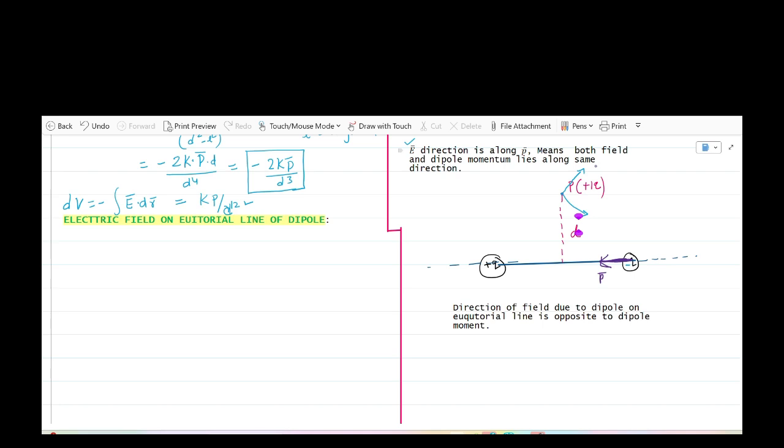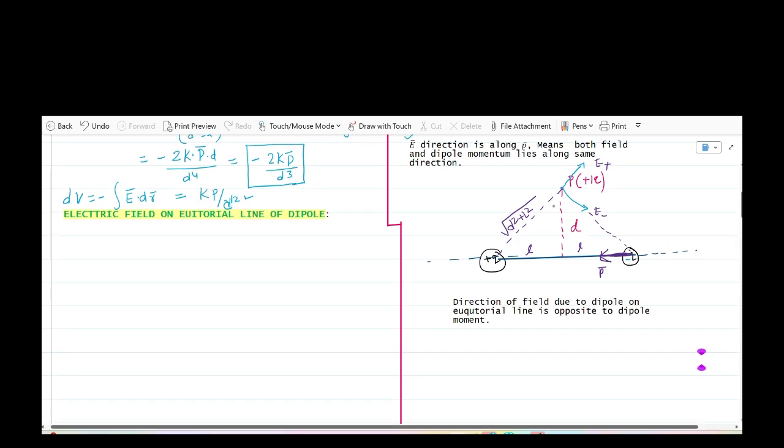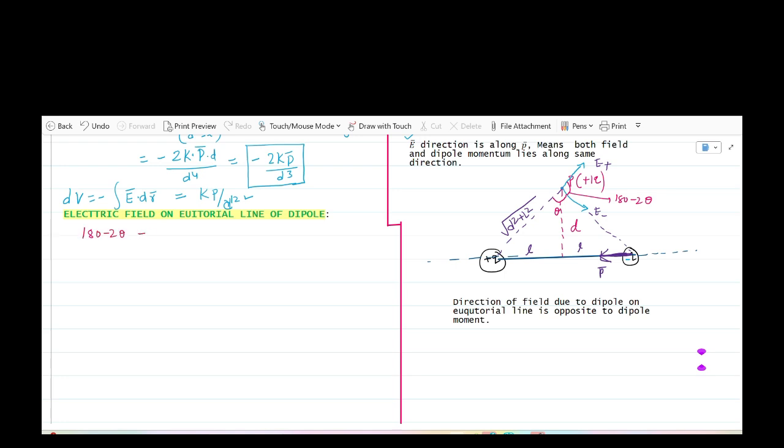If you see here, E positive and E negative are the same in magnitude, because the distance is the same and the charge is the same. So the distance will be root over d square plus L square. Now if you take this angle as theta, the angle between the two fields becomes 180 minus 2 theta. Therefore 180 minus 2 theta is the angle between the two fields.